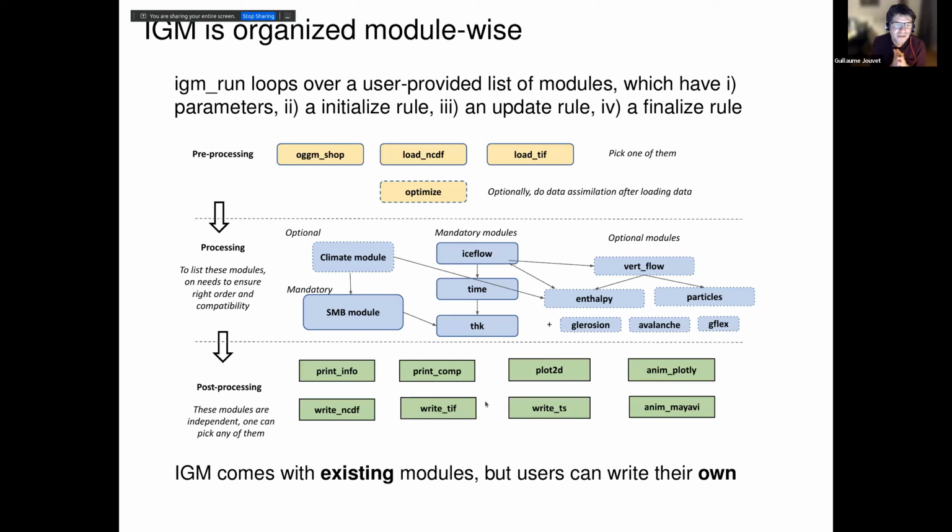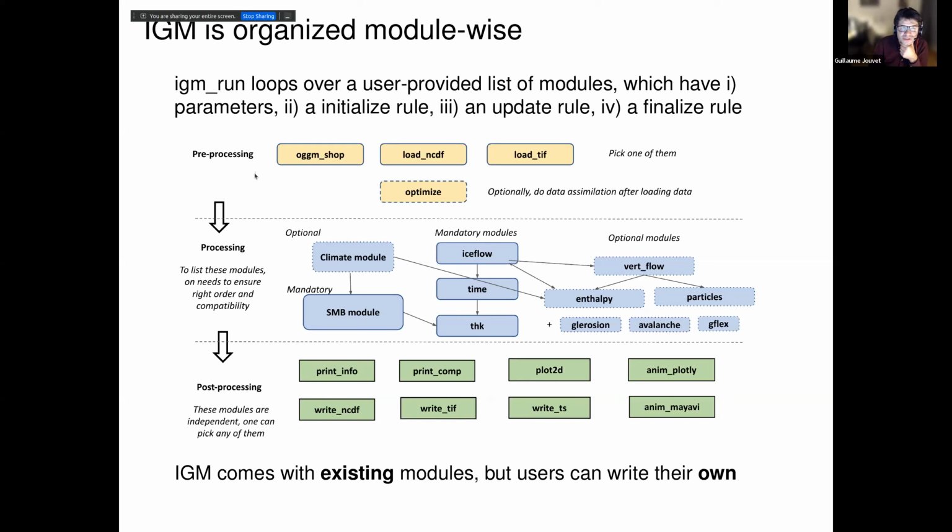Also, I wanted to explain that IGM is organized module-wise, in a way such that everyone can use some modules, and if he or she is not happy with a module, they can easily take it and customize it. When doing an IGM run, we select a certain number of modules.